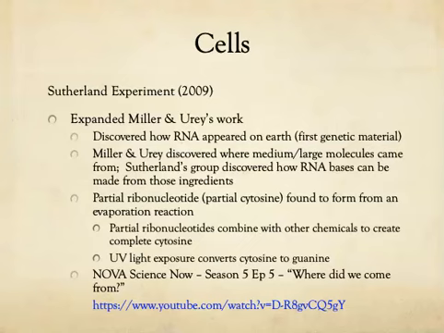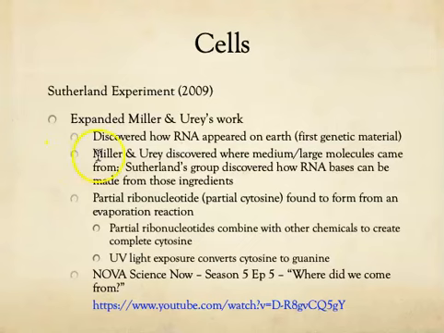This work was published in 2009, and it basically expanded on the work that Miller and Urey did. The Sutherland experiment showed us how RNA could have first appeared on Earth. And if you recall, RNA is the form of nucleic acid that we believe emerged first on the planet. So RNA would have been the genetic material that was inside of the very first primitive cells on our planet.